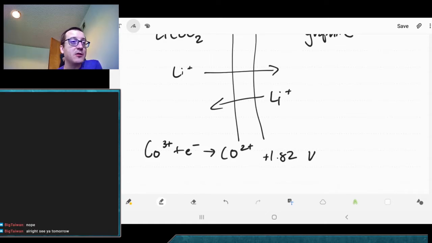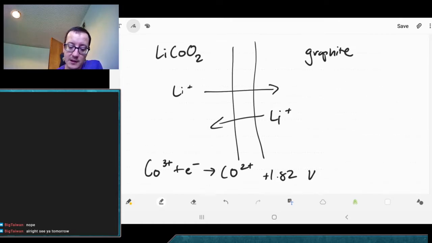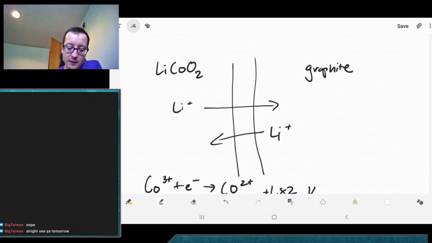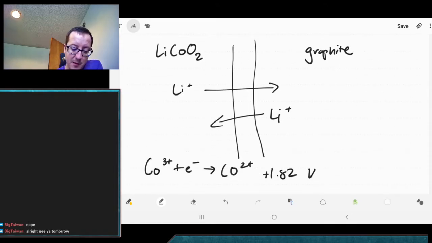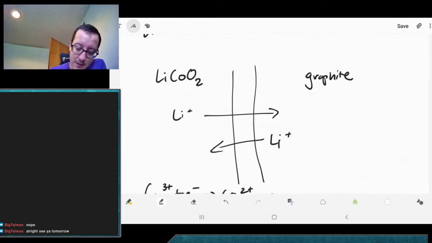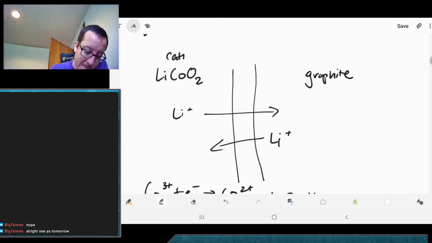As the electrons are going into the cobalt, the lithium is going to be migrating in towards the cobalt side of the cell here. If this is the reaction that's going to be taking place, this is the reduction side. The reduction is the cathode. And you'll have your graphite anode here on the other side.